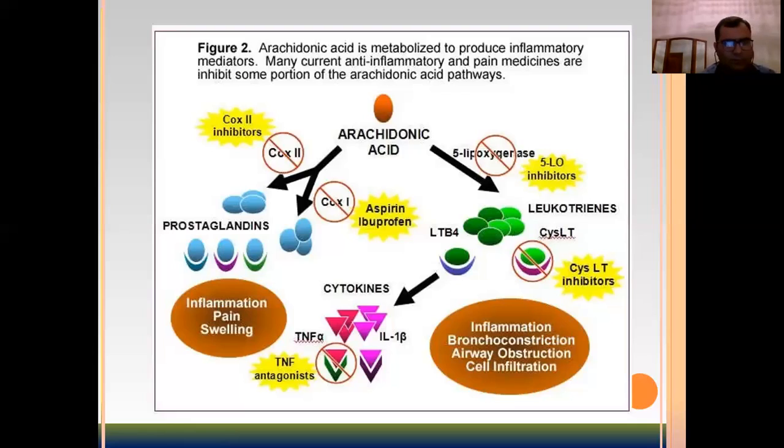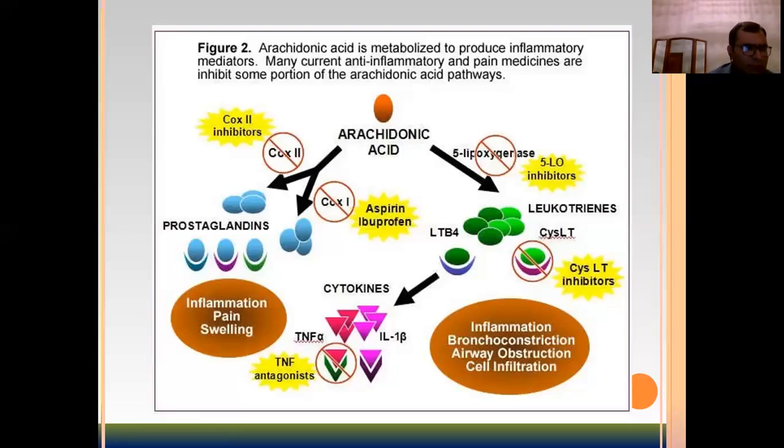So we said that arachidonic acid is converted to prostaglandin G, which is then converted to prostaglandin H2, then converted to thromboxane A2, which has a vasoconstriction effect and also a platelet aggregation effect.